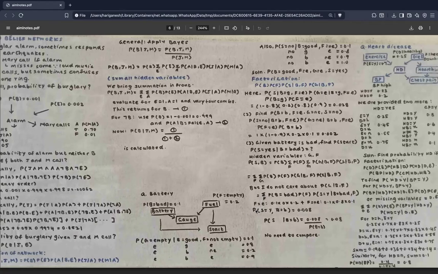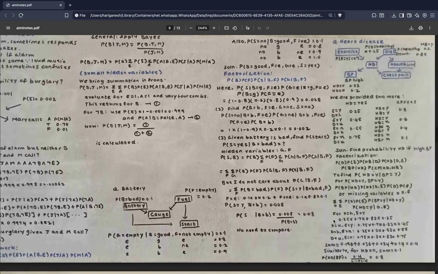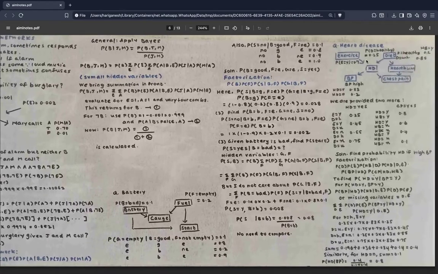That is, it's the probability of S equals Y, comma, B equals B. And if you remember Bayes, then probability of S given B is probability of S comma B divided by probability of B. So we take the 0.008 divided by the probability of battery being bad, and arrive at 0.08. That is the answer.